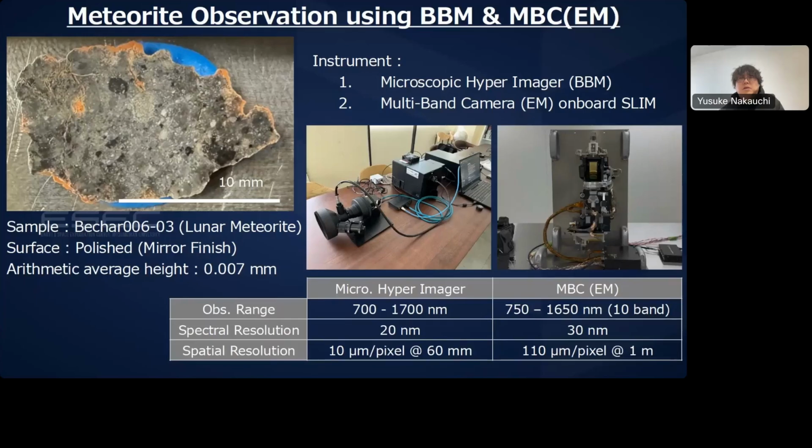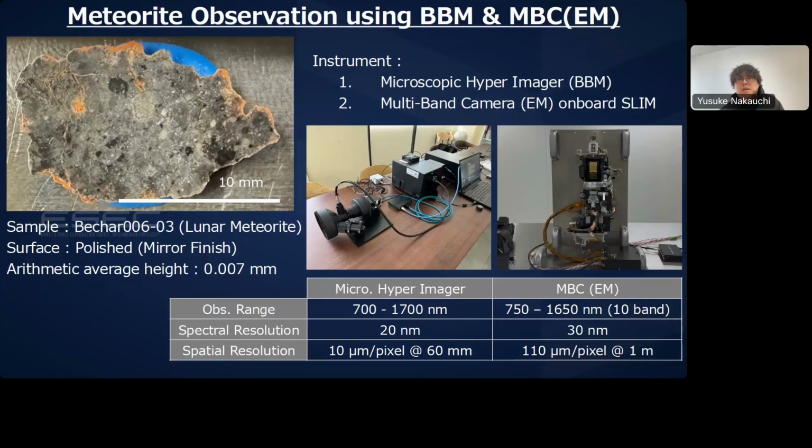We did an experiment using the breadboard model to evaluate the spectroscopic performance and the impact of the high spatial resolution on sample analysis. We measured a lunar meteorite. Two cameras, the microscopic hyperimager and the multiband camera, were used for the measurements.